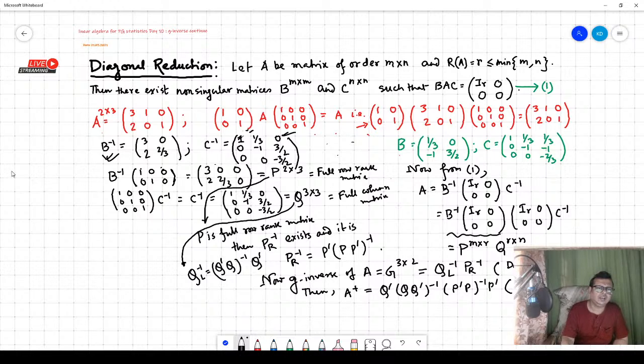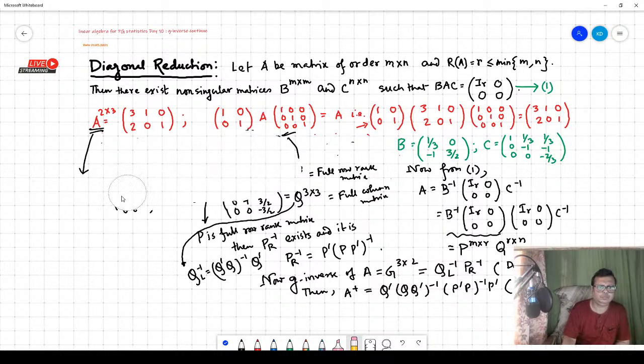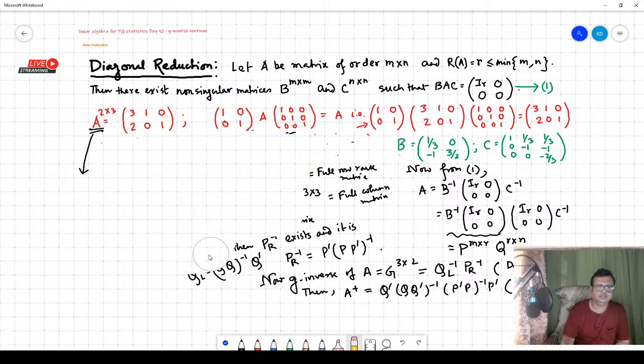So the steps are: can I rub this portion? Yes or not? I think I just rub this portion only. So step 1, you start with I n, A, I n, if the order of A is m cross n.